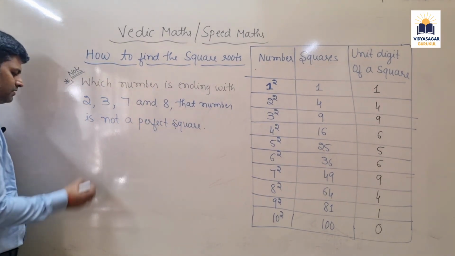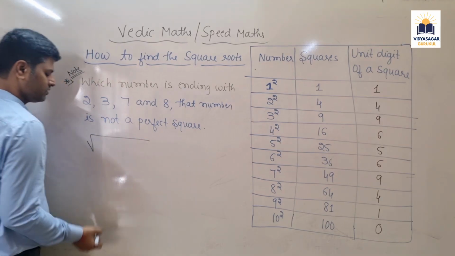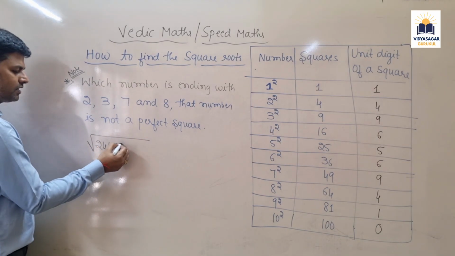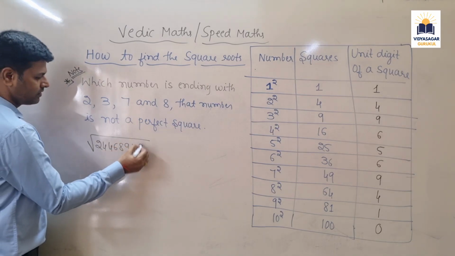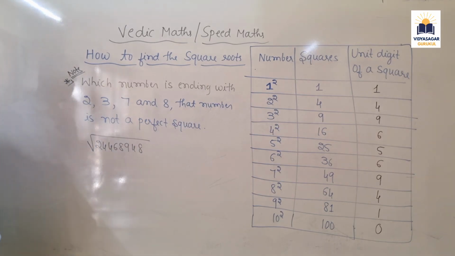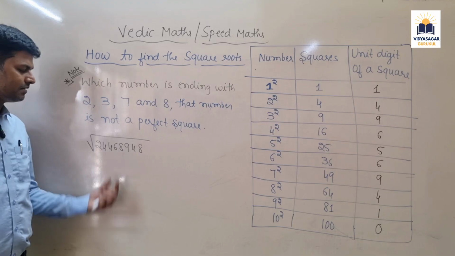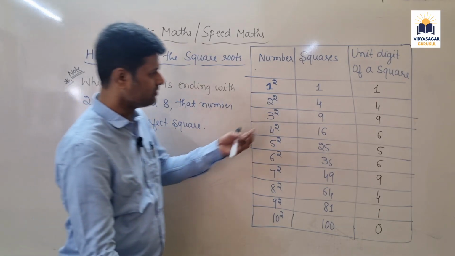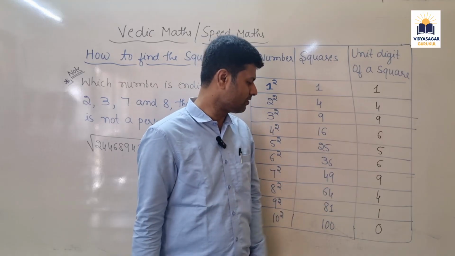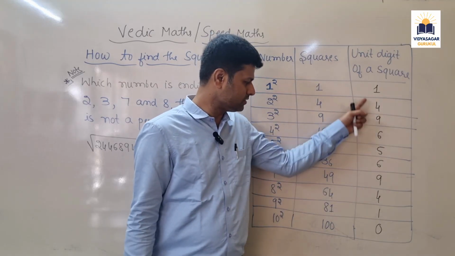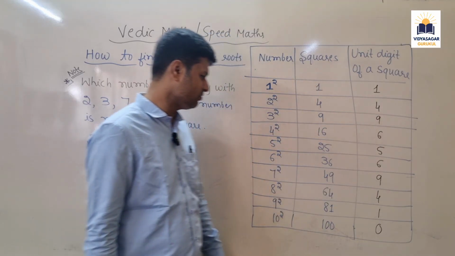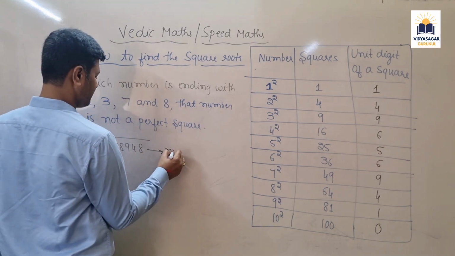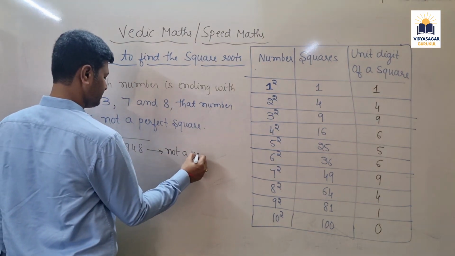For example, if someone is asking you what is the square root of 23,948, then you have to tell directly this number is not a perfect square, because you just check it in the unit digit column. There is no 2, there is no 3, there is no 7 and there is no 8. So that's why it is not a perfect square.